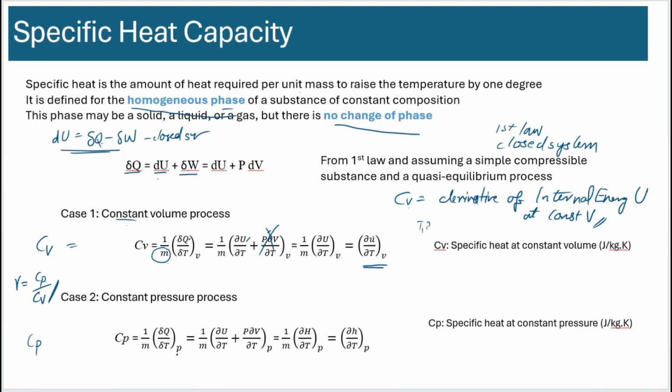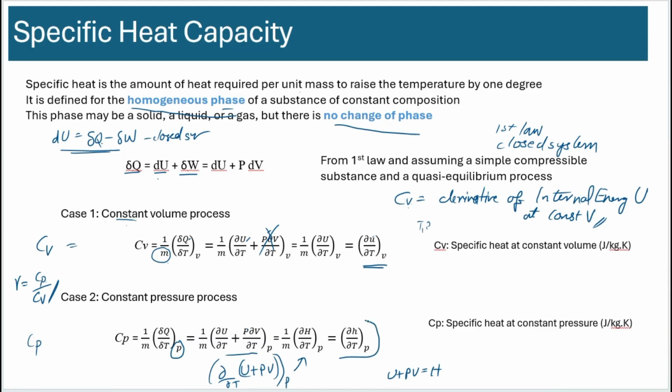Now, what is Cp? Cp is the same way, but done at constant pressure. So in this case, this term is not 0. Because P is constant, you could replace this differential with the differential of U plus PV at constant P. That is nothing but the differential of enthalpy, because U plus PV is enthalpy, right?